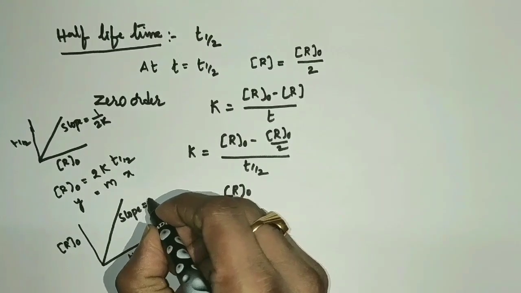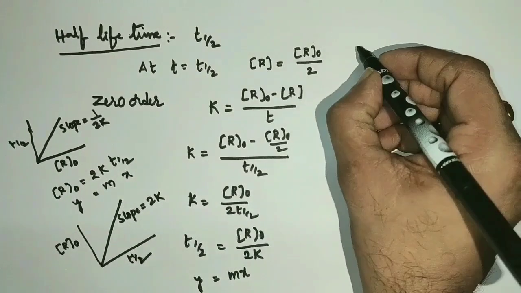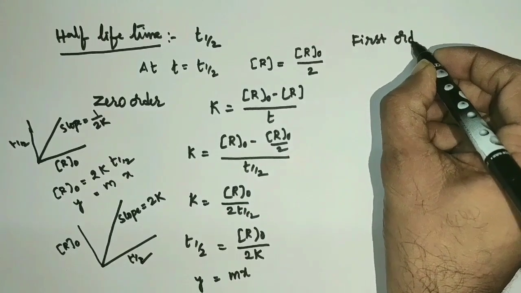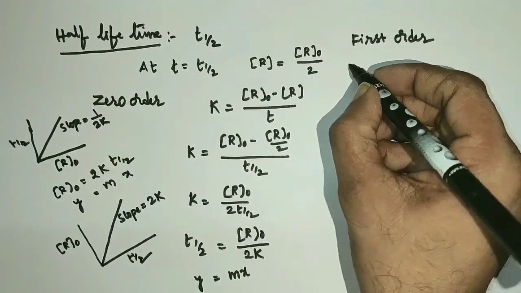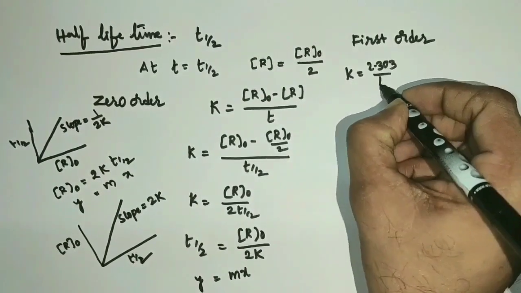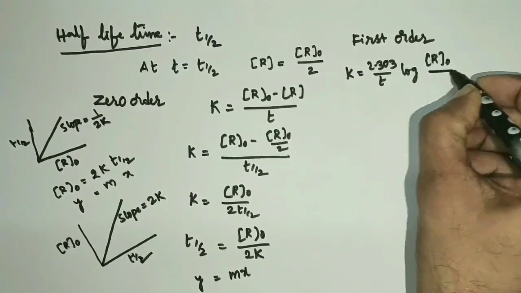Now come to first order reaction. Its integrated rate equation is K is equal to 2.303 by T log R naught by R. Now to find out half-life time, you substitute the values.